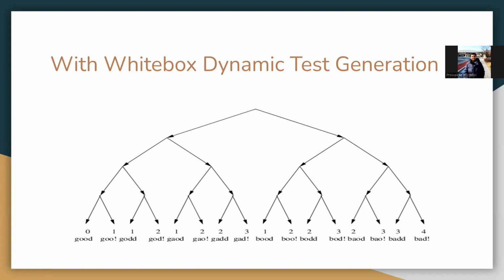The leaf of that path is labeled 0 to denote the value of the variable cnt at the end of the run. Now assume that we run the program top with this new input good followed by an exclamation mark. By repeating this process, the set of all 16 possible execution paths of this program can be exercised.